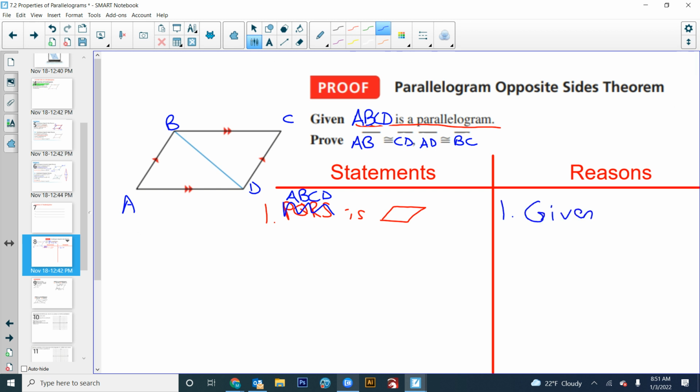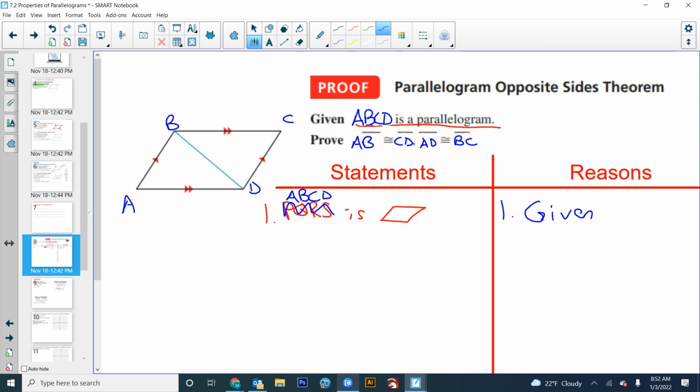Now, some of you are still struggling with this when you're doing a proof, so I'm going to help you out again. Remember, just because something is marked in the picture or written in the given, it doesn't count unless it's in your statement column.